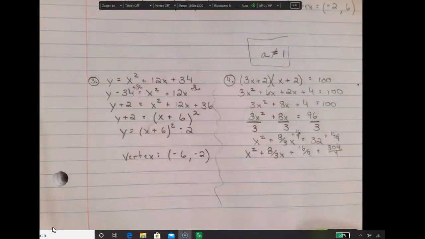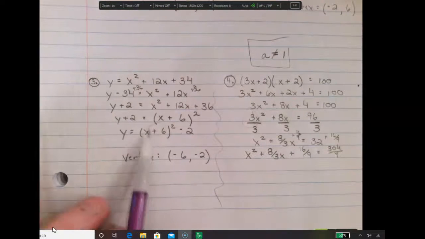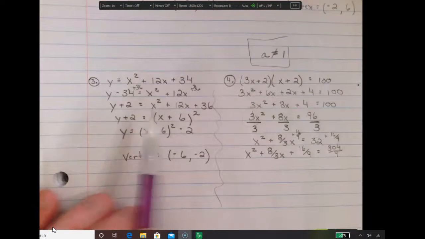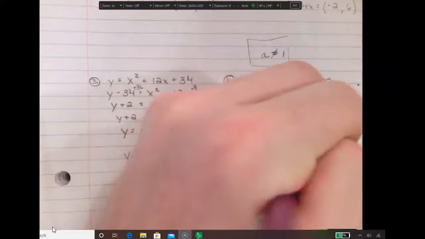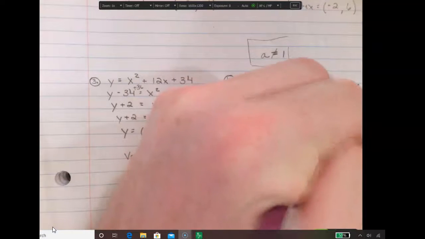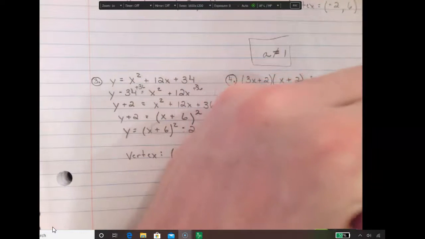Okay, from here, same next step, just like what we did on the left-hand side over here. After we got our new c, we now need to factor this down. So I'm going to factor the left side of my equation.